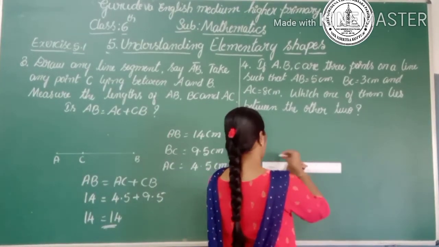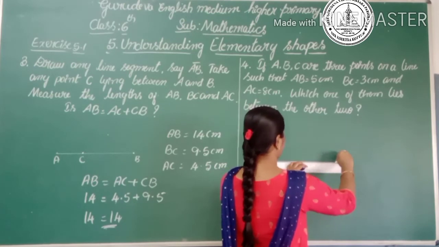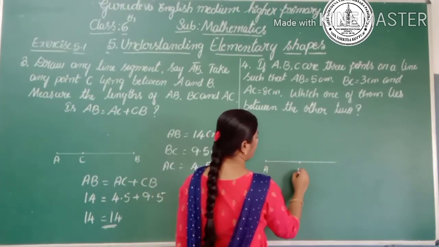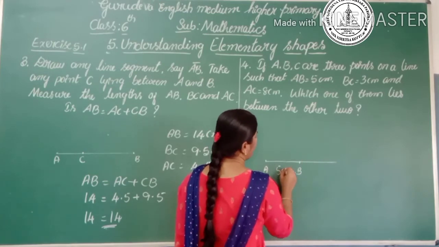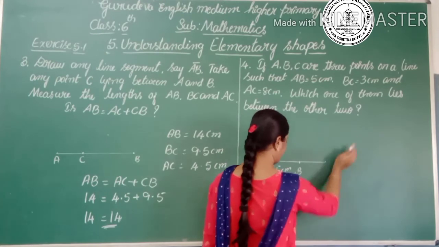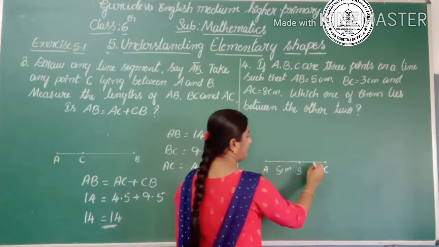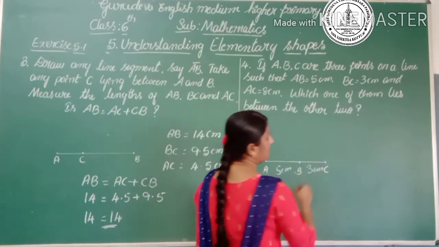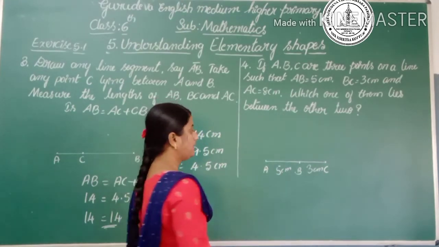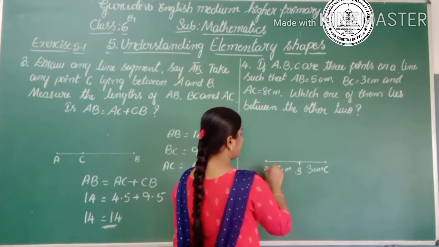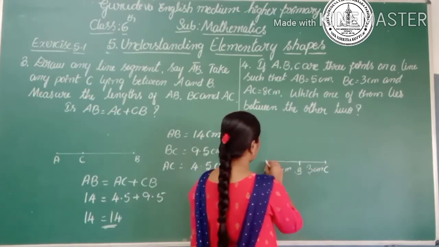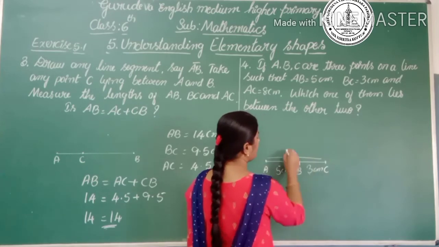Here is a line segment. Here point A, here point B. For example, it is 5 cm. Then again point C, it is 3 cm. The length of AB is 5 cm, the length of BC is 3 cm, and the length of AC is 8 cm.